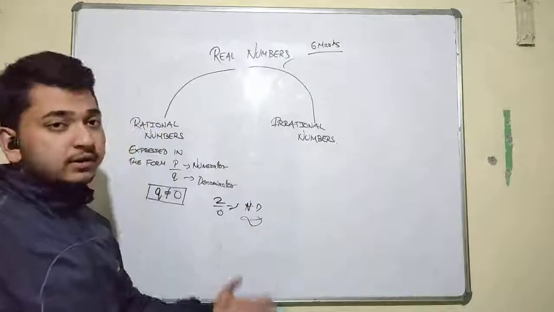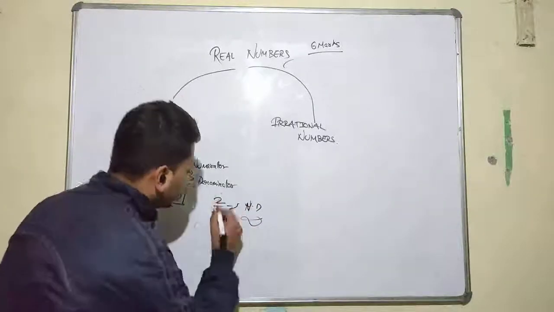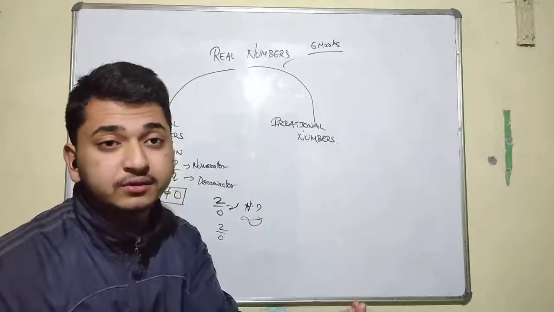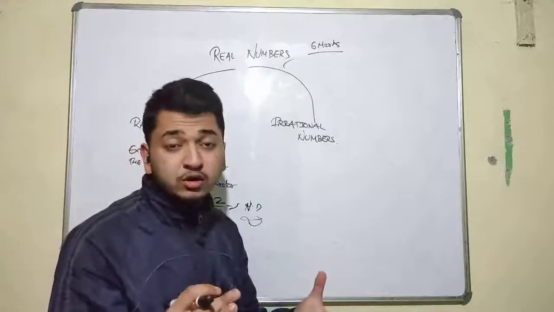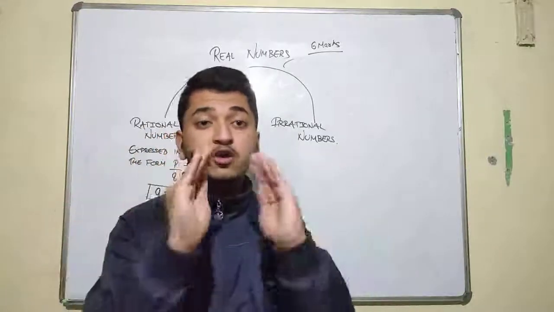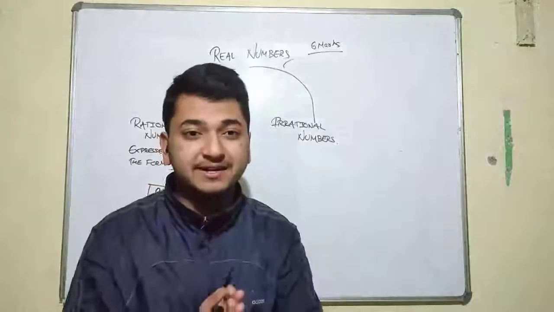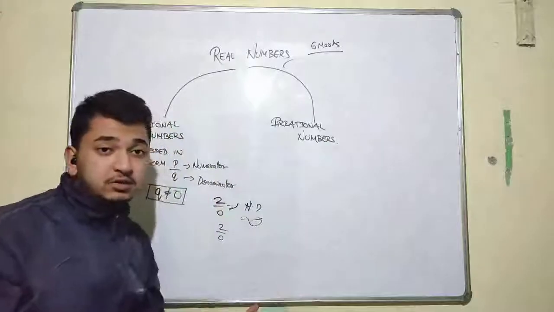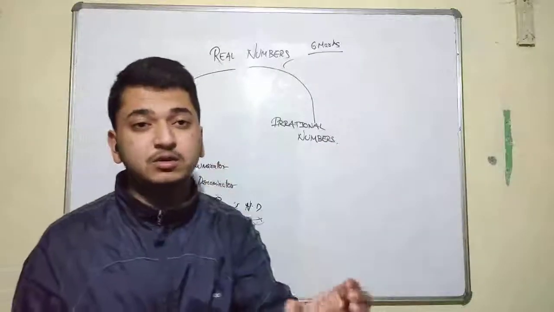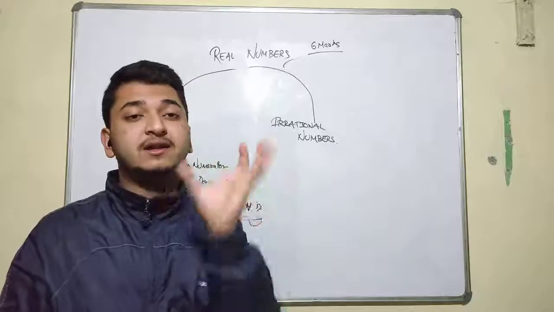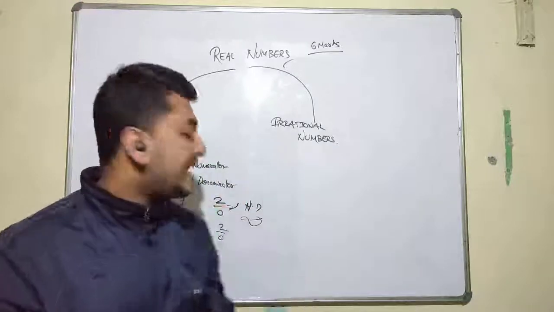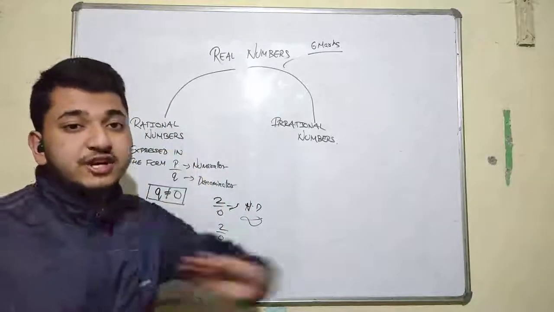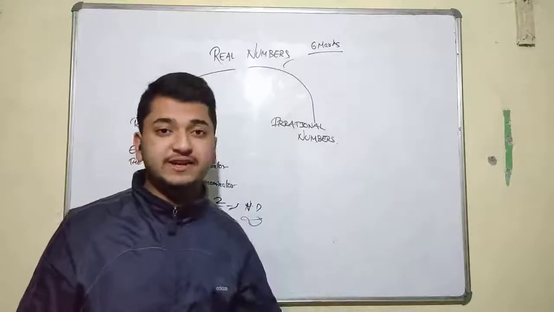So if somebody asks you whether we can divide a number by 0, you will say no, you are not following the guidelines of mathematics, because mathematics does not support 2 by 0 or any number divided by 0, because mathematics till now doesn't have a term for this one. They straight away tell that it is not defined. Okay.